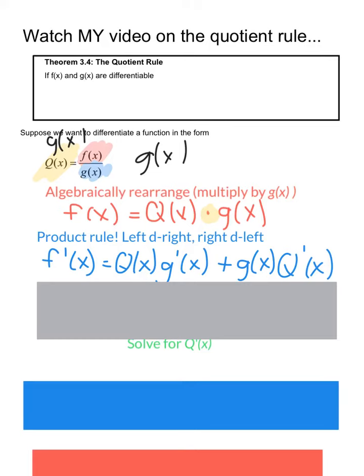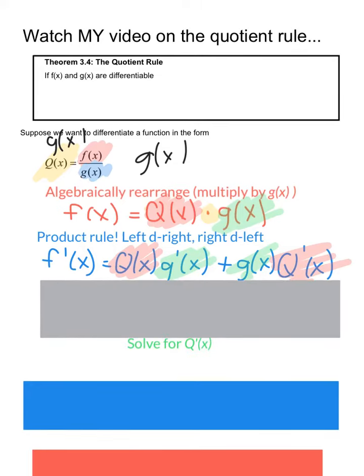Here's our left side of that product, and then here is the right side of that product, which I'm highlighting in green. So we just keep that left one, and then we take the derivative of the right side, and then we take the right side and multiply it by the derivative of the left side. So we just applied the product rule.